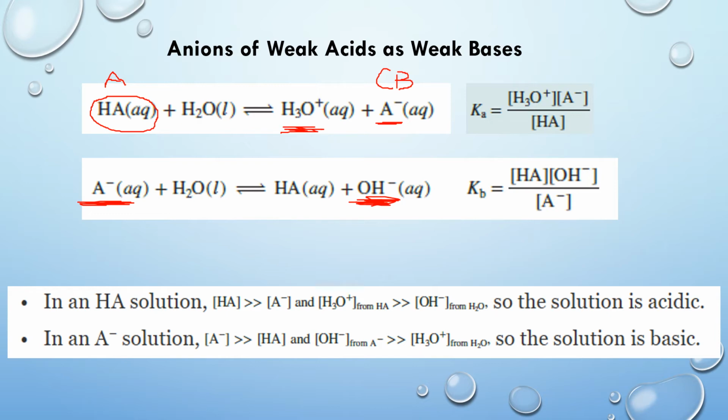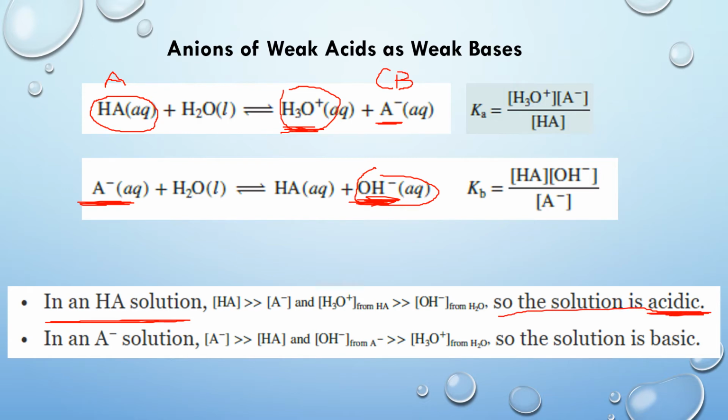So overall, if you start with a weak acid solution, the proton generated is going to be way higher than the hydroxide generated, so the solution is going to be acidic.